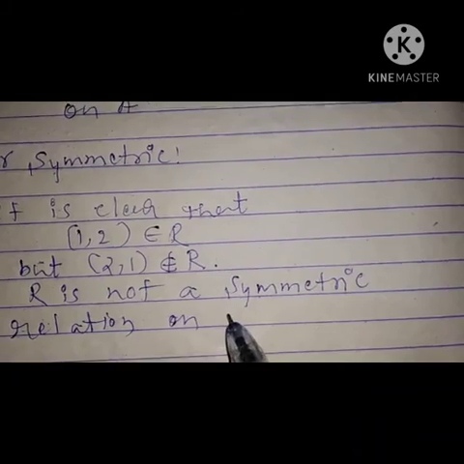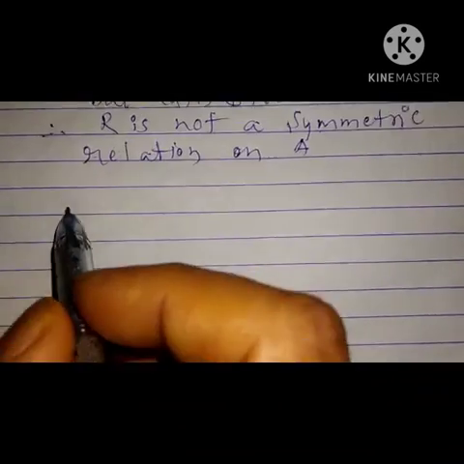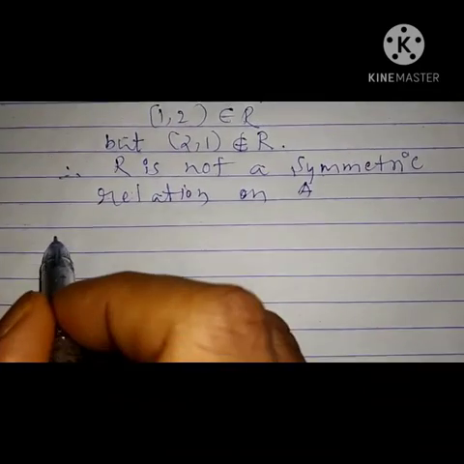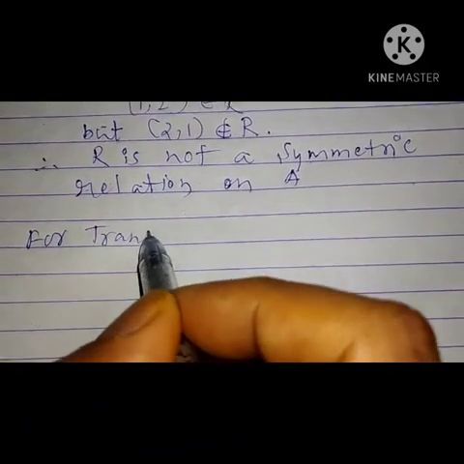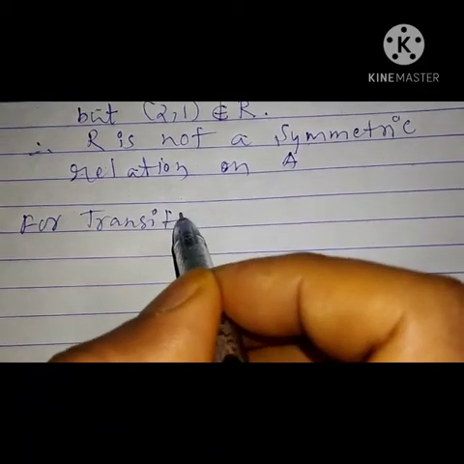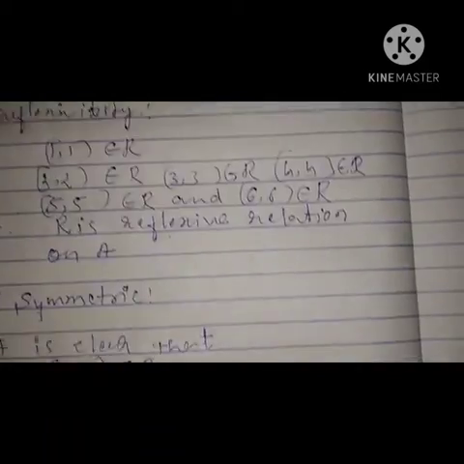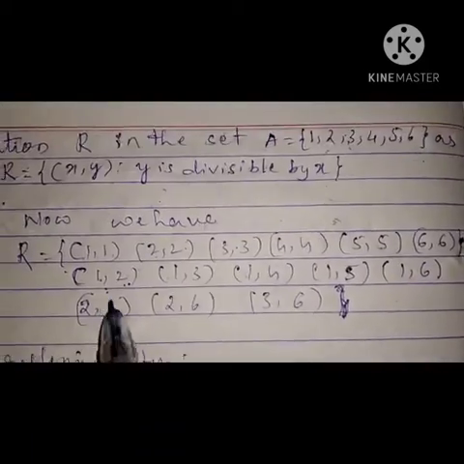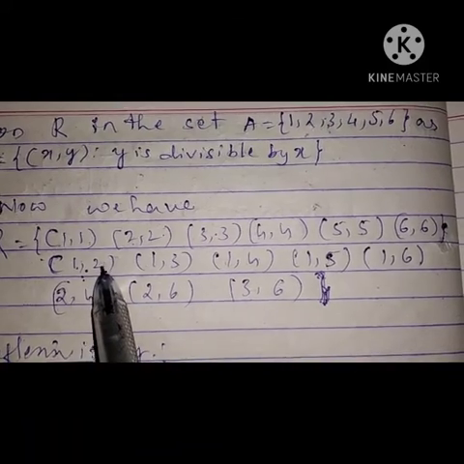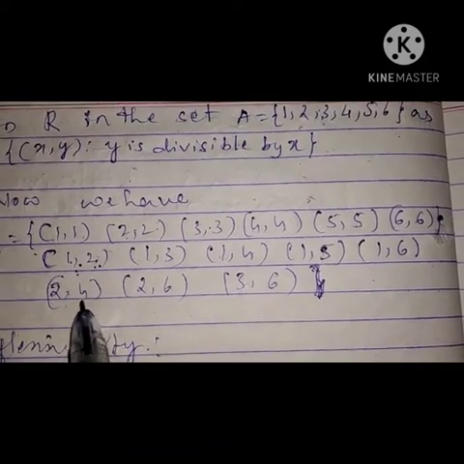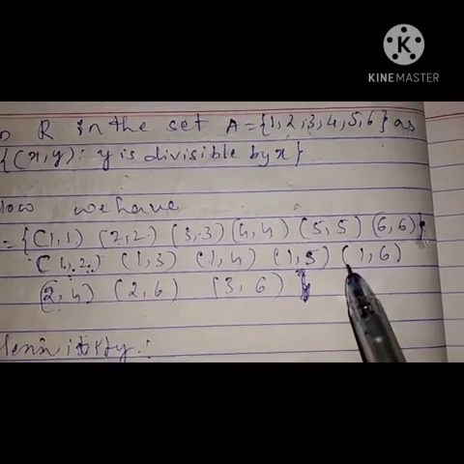Next, for transitivity, see here, from the set of ordered pairs, 1 divides 2, 2 divides 4, again 1 divides 6.